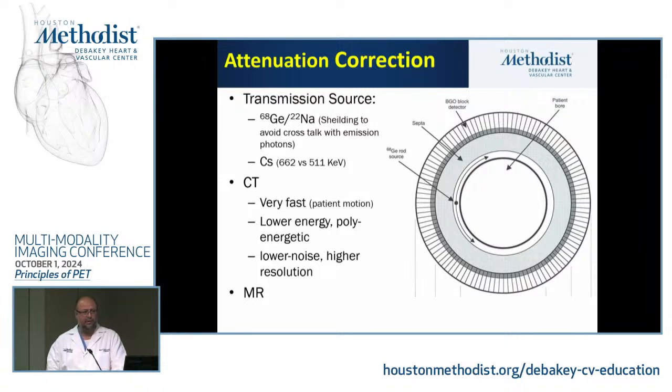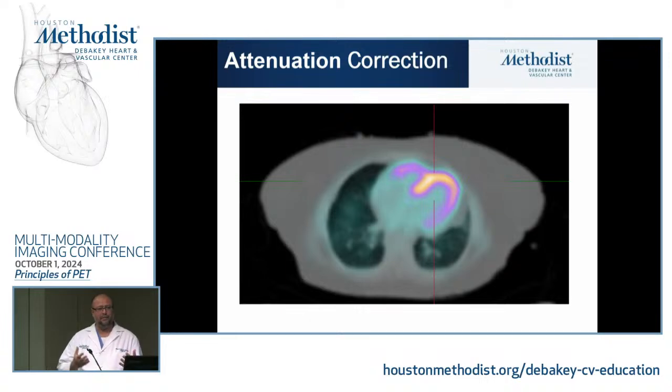So how does it work? We acquire a PET image and we acquire a CT image, two separate acquisitions while the patient is on the same table. We assume that the patient didn't move, which we hope. The CT takes about 5 seconds to acquire. The PET is about 7 to 8 minutes, depending on your acquisition.